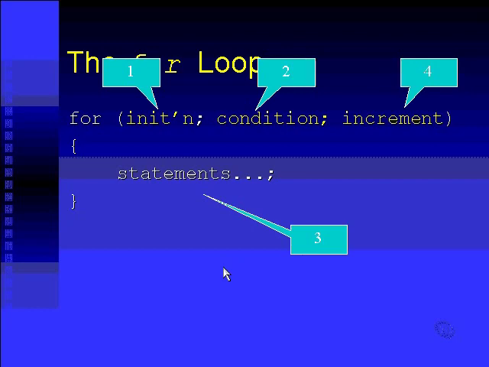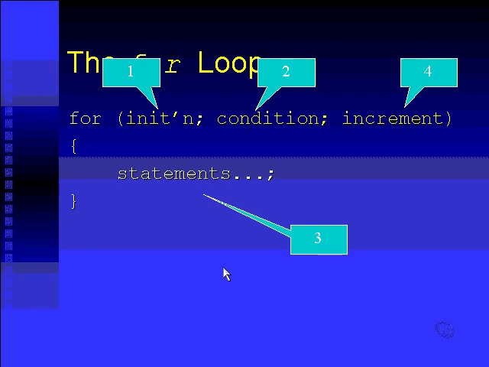And at that point, it goes back to number 2 and starts again. So it goes 1, 2, 3, 4, 2, 3, 4, 2, 3, 4, 2, and it'll always stop on the 2. That ends at some point in the future. That is how the for loop works.